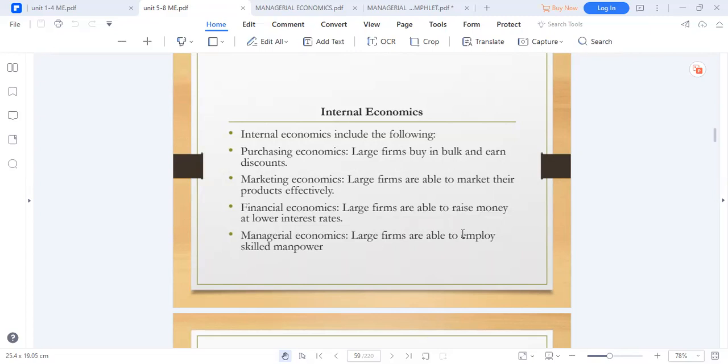What this simply implies is that large firms are able to market their products very efficiently at a lower cost, because even the samples are already budgeted for. They're able to give leaflets and free samples without going at a loss. Others, that very sample, you need to pay for it. Is that clear?